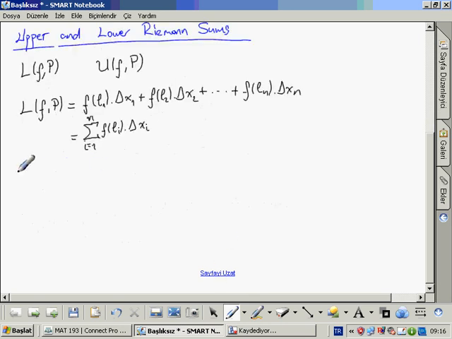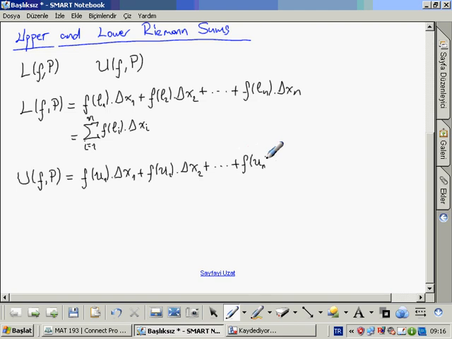And similarly, you can write the upper summation formula, U(f, P), it equals f of, okay, I'm sorry, that was not v, it was u. u1 times delta x1 plus f of u2 times delta x2 plus it goes like that, and f of un times delta xn, and in sigma notation, sigma i starts from 1 to n, f of u i times delta xi, right?